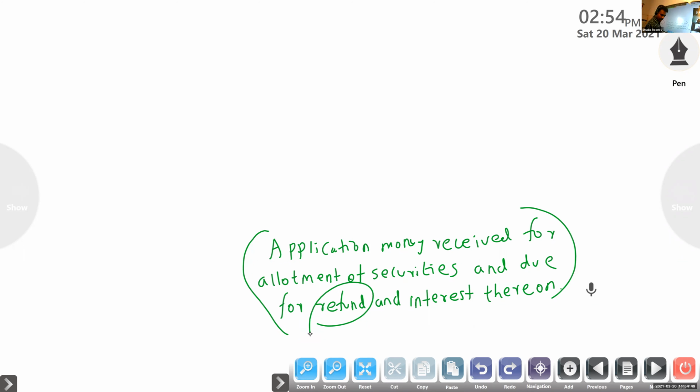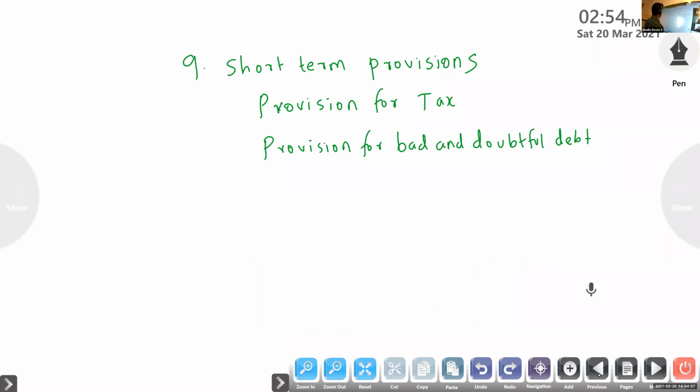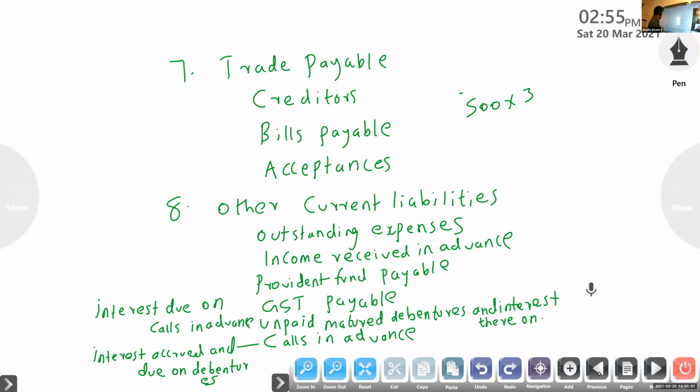If it is for 4 months, we have to give interest. That is other current liabilities. You need to give more importance to that point. The other points you have to give importance: calls in advance, interest on calls in advance, accrued interest on debenture, any payable. That is other current liabilities.